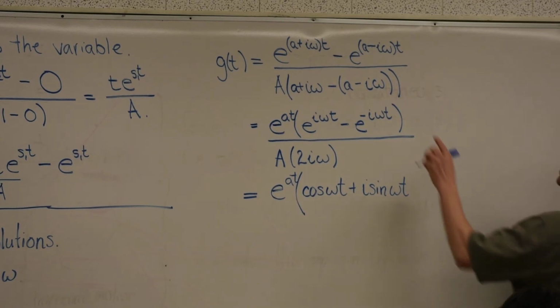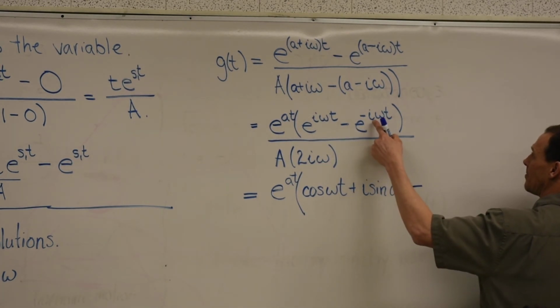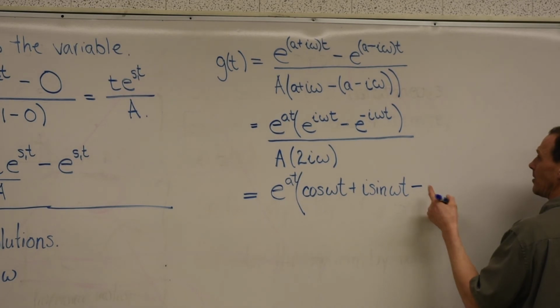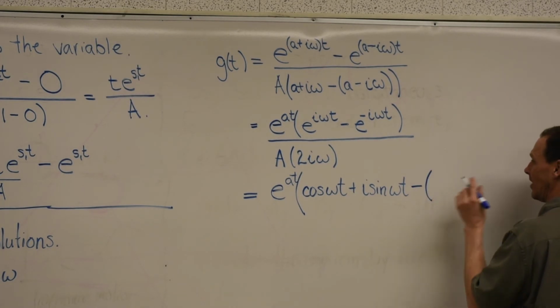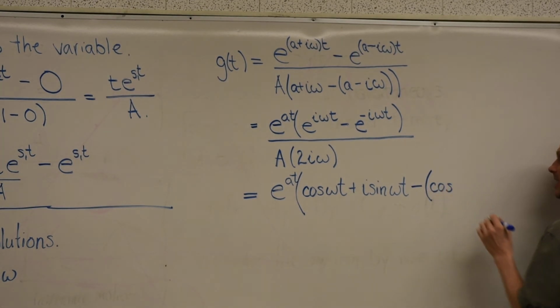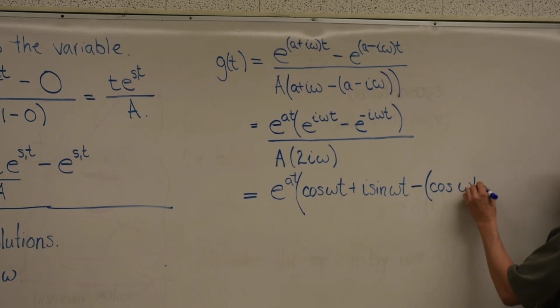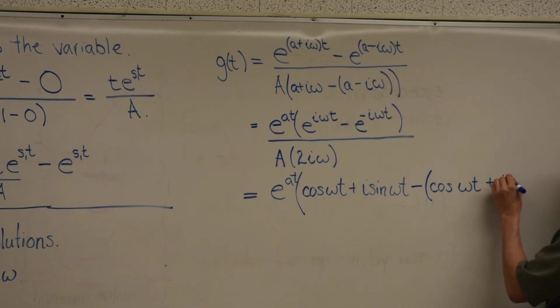Okay, then we have a minus e to the minus i omega t. Well, I'll put the minus, put a parenthesis here. This is going to be the cosine of a negative omega t. The cosine is an even function, so the cosine of negative omega t is the same as cosine of omega t, plus sine.